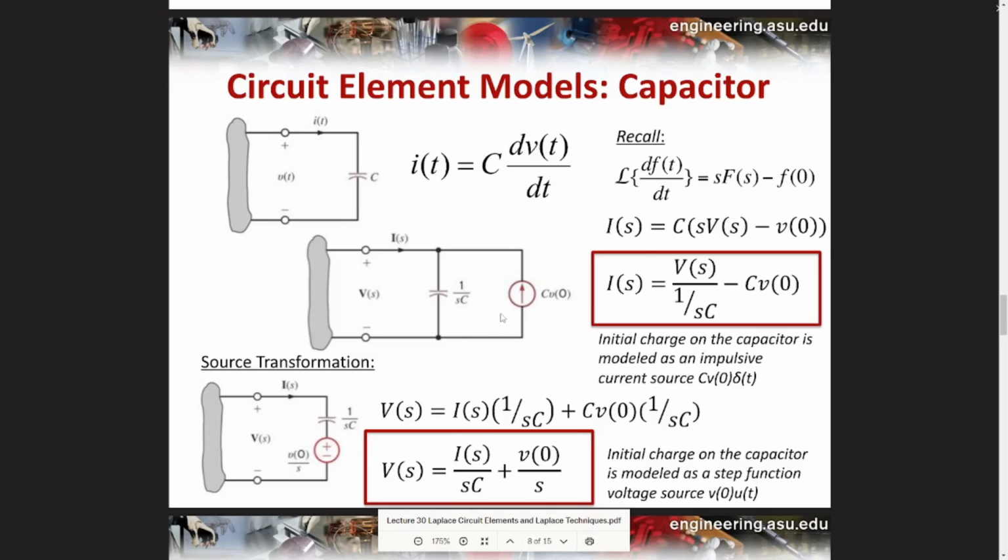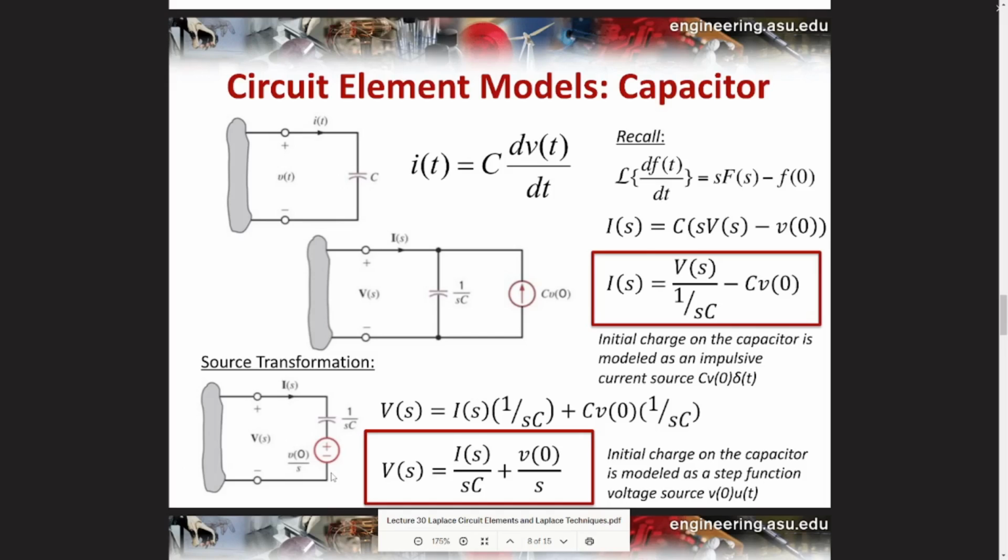It will not change your answer. However, one may be easier to deal with when placed in the circuit than another. So that's really the only reason you use one versus another. Whichever one makes your analysis more convenient is the one you want to drop in. But you can drop either one in and it is still possible to analyze nodal loop.